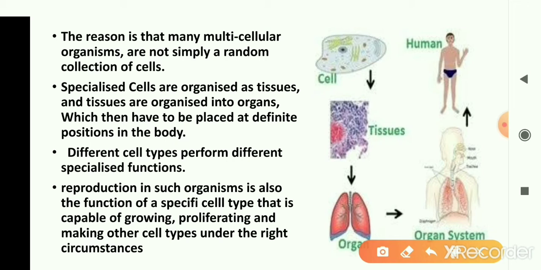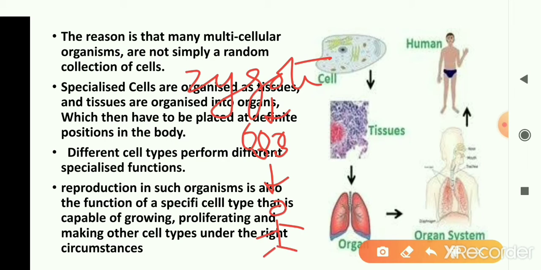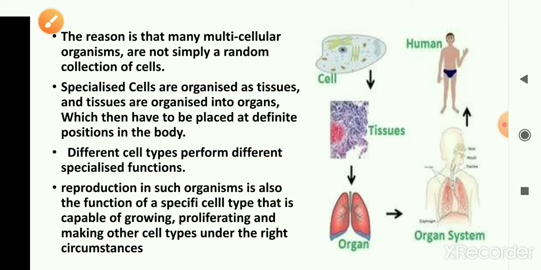Like us, we have gametes which fuse and form the zygote, and it is the zygote that will then divide, that is, proliferate and make up other kinds of cells which will finally develop into an individual. Or in other organisms, you have those undifferentiated, unspecialized cells called stem cells.